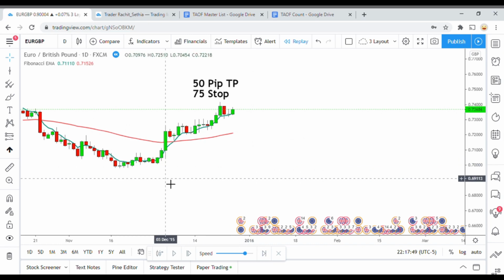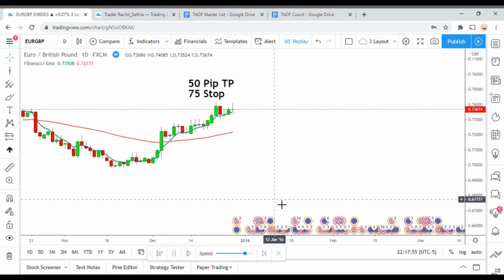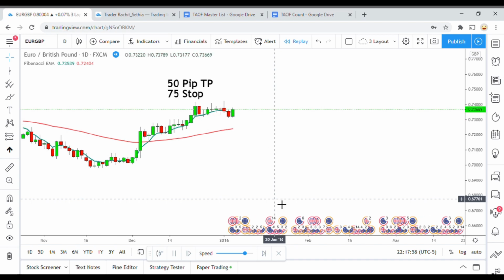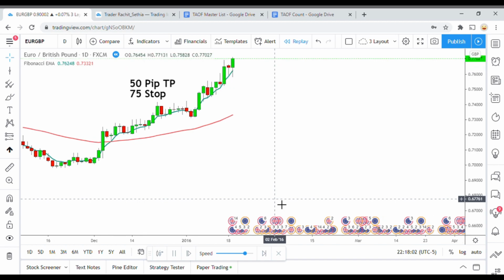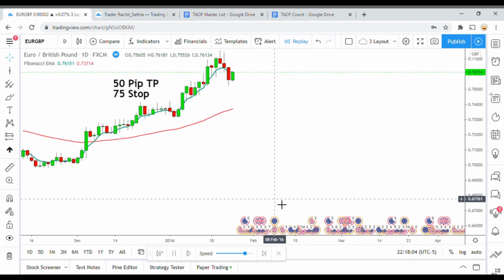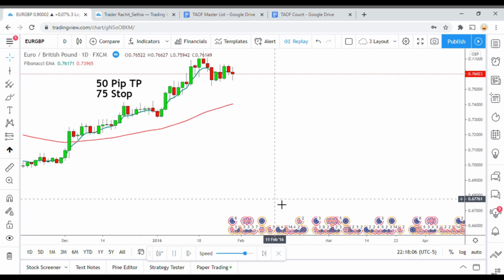And with all that being said, and now that we have some idea as to what we're going to do with this thing, let's go ahead and get on with the testing process and see what we can get out of this indicator. I don't know how many signals it's going to give us in a year's time.